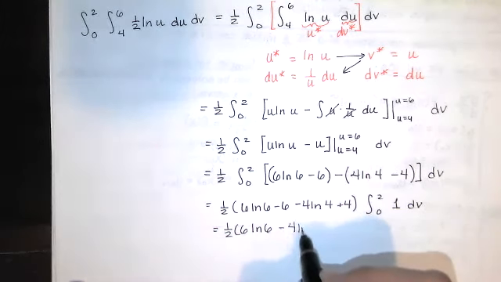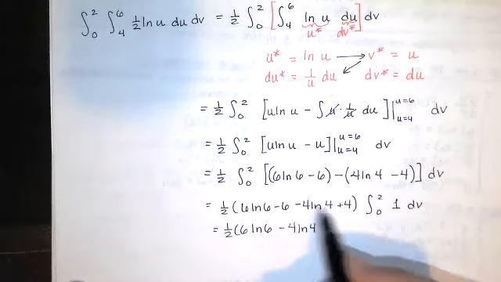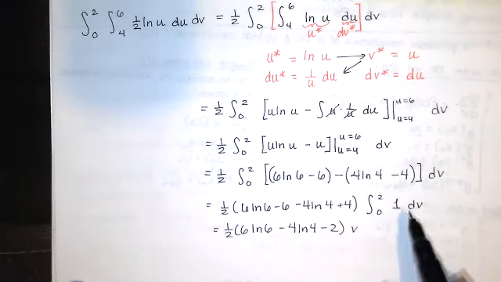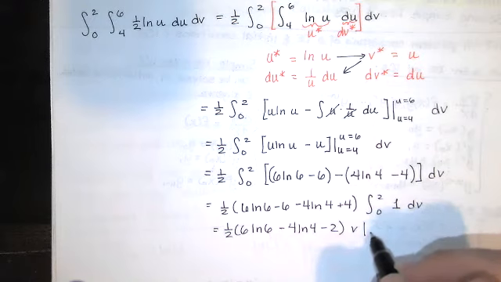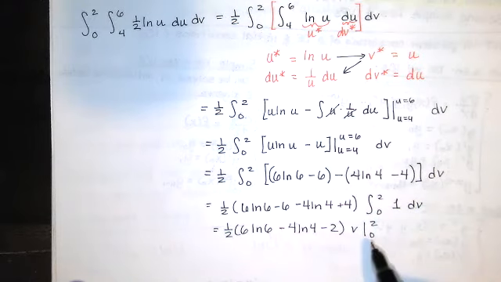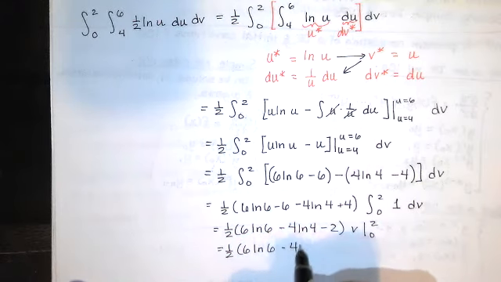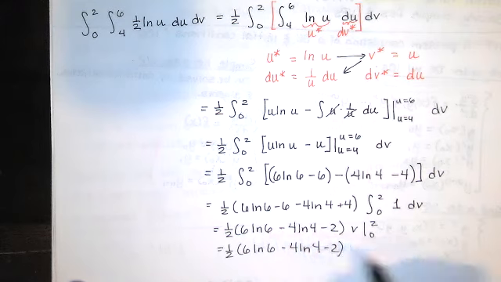And I've got a couple of like terms here. -6 plus 4 is -2. And the antiderivative of 1 with respect to v, which is v, evaluated from v equals 0 to v equals 2. So we're going to have 2 minus 0 there.